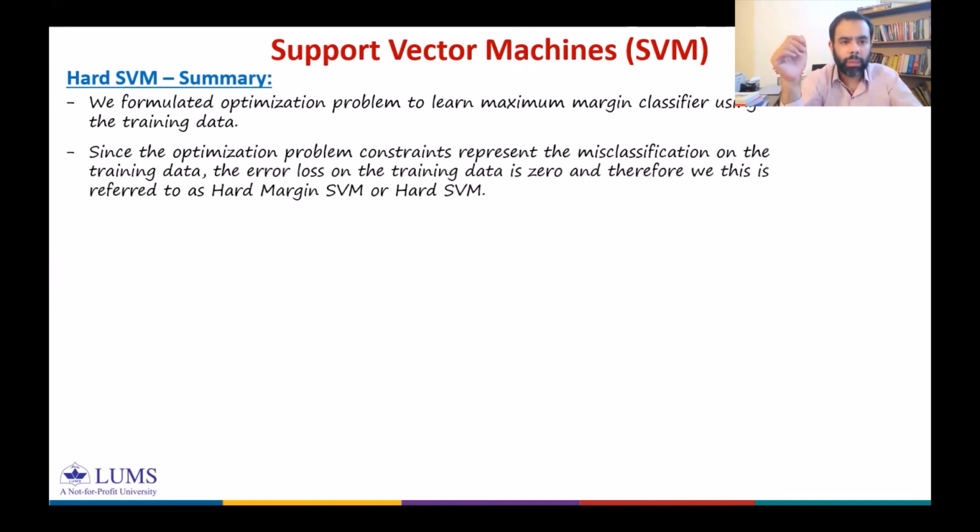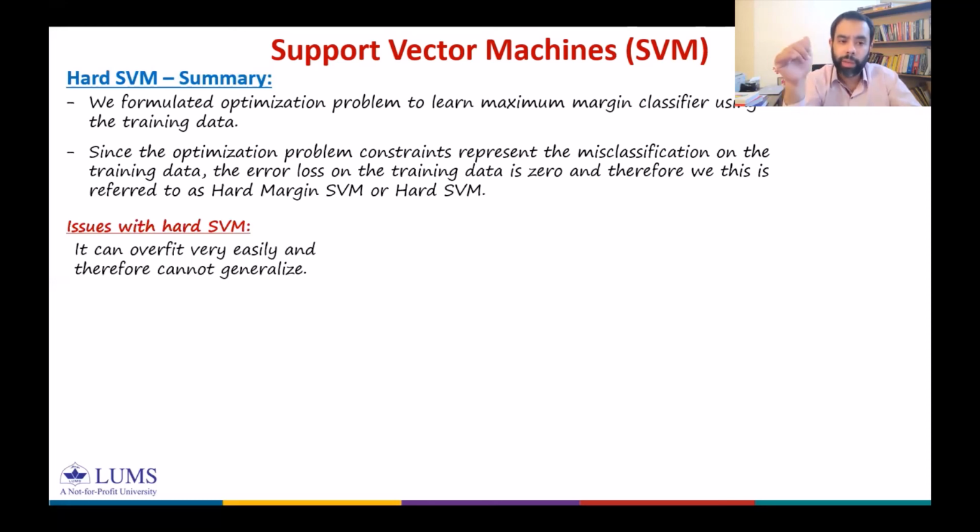Since the optimization problem constraints represent the misclassification on the training data, the error loss on the training data is 0. We require all the points to be classified correctly. Due to this characteristic, we refer to this version of SVM as hard SVM or hard margin SVM. What are the issues with hard SVM?